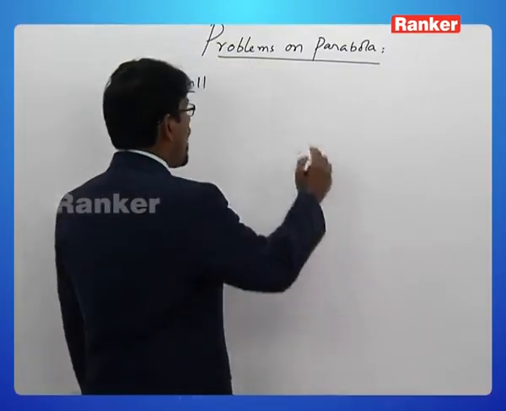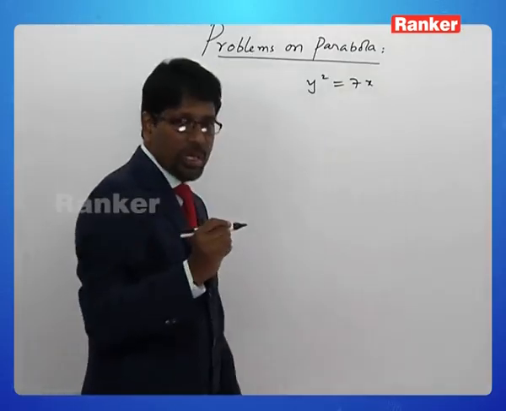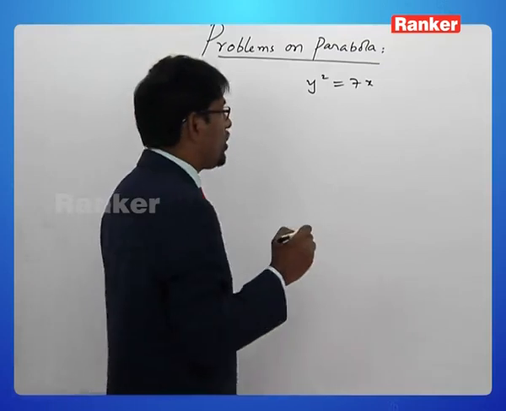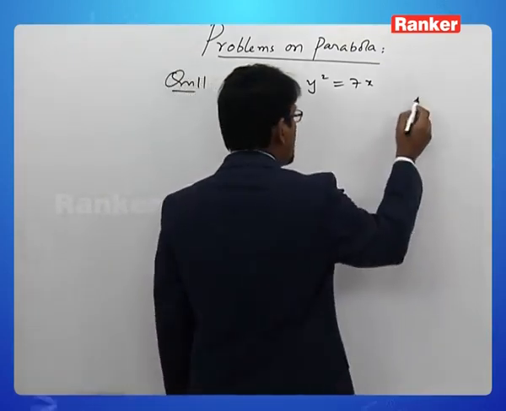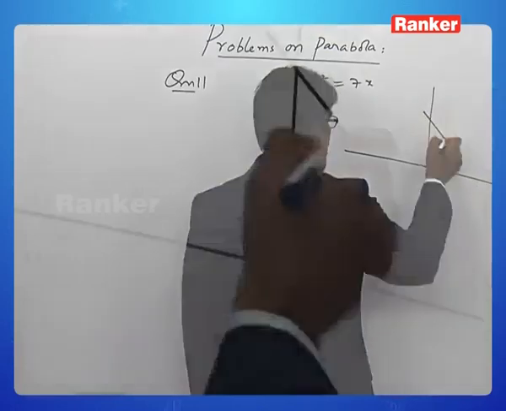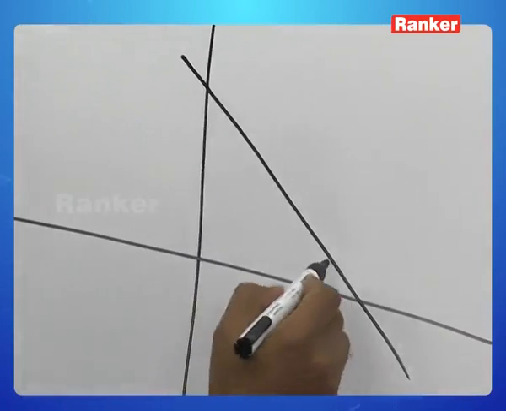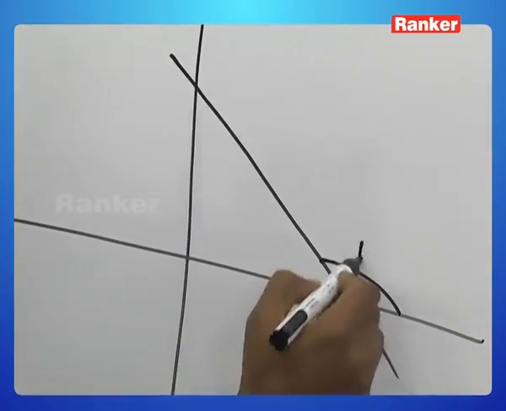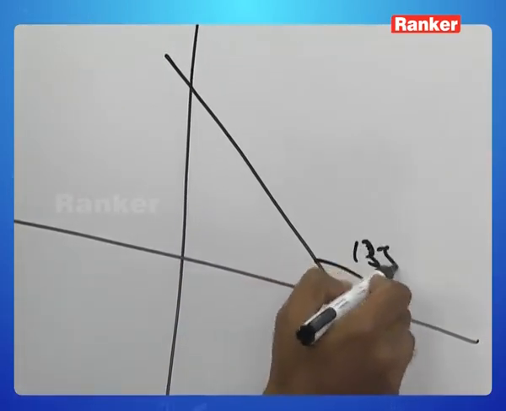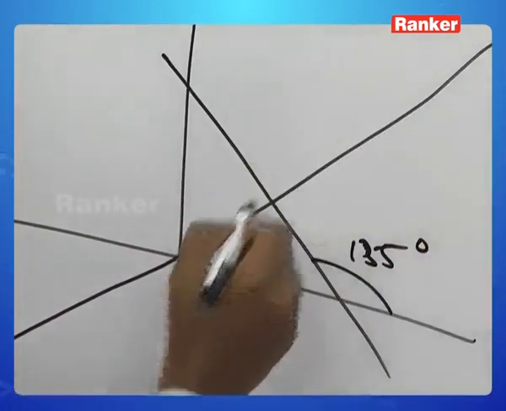Now, it says that a tangent to this y^2 = 7x is equally inclined to the coordinate axis. What is a line which is equally inclined to the coordinate axis? It has to be either making an angle 135 degrees with the positive x-axis, or making an angle 45 degrees with the positive x-axis.